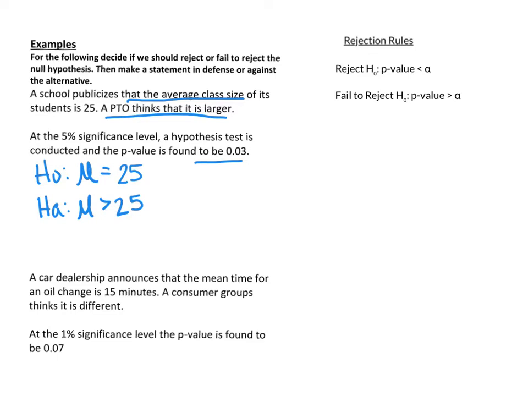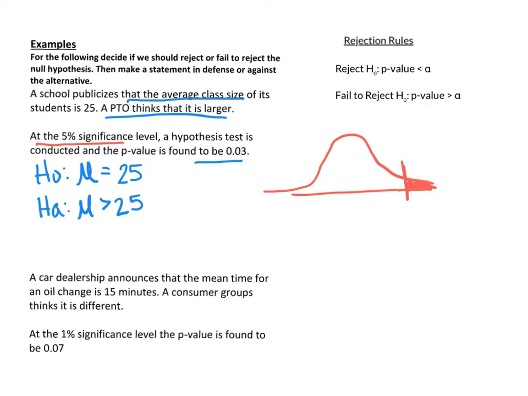I'm going to mathematically quantify that now by looking at this significance level, alpha. If we were to draw a normal curve, and because this is a right tail test, our rejection region falls out here.